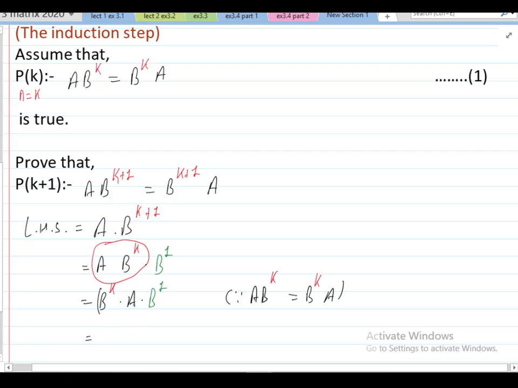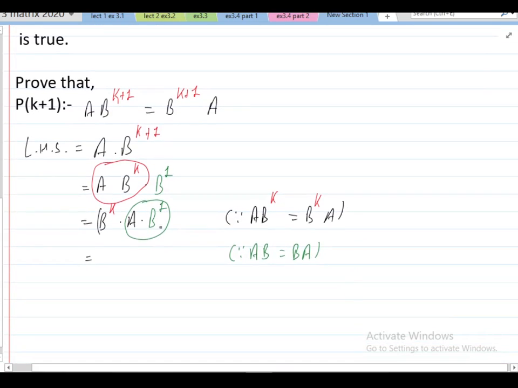Now any idea? A into B, B raised to k and B gives B raised to k plus 1. AB equals BA is given, right? Yes, sir. So B raised to k as it is, AB becomes BA. And B raised to k into B raised to 1, in multiplication the powers are added, into A, which is your required right hand side.